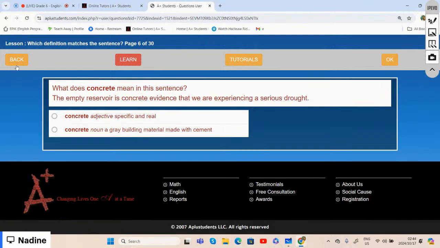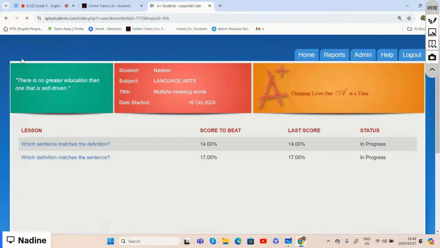All right, so this is now the end of our lesson on multiple meaning words. We said some words have multiple meanings, meaning that they have more than one meaning.